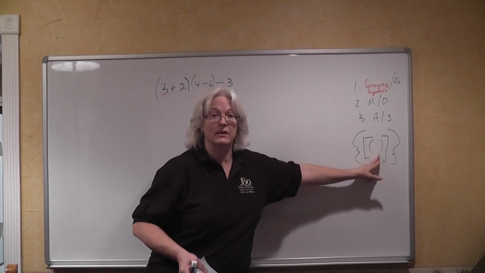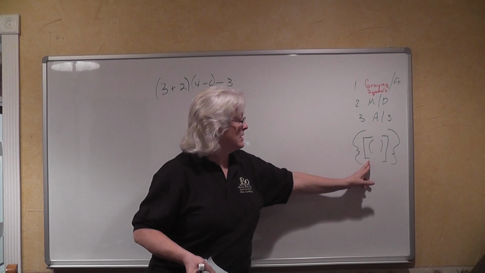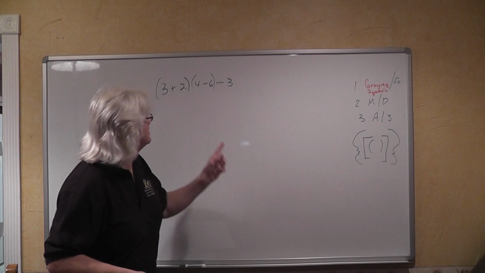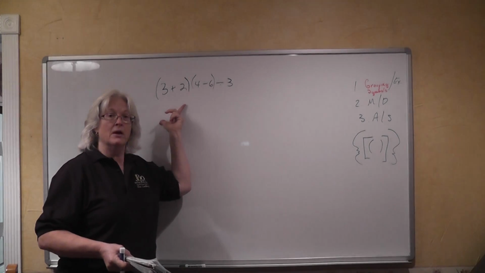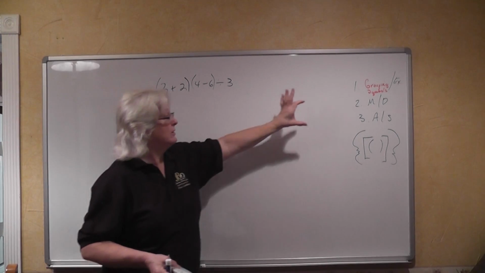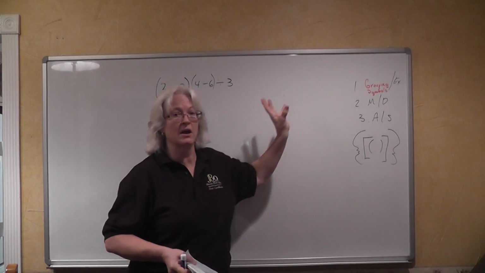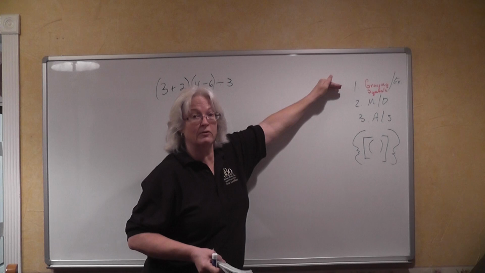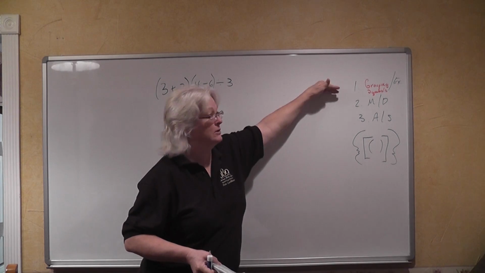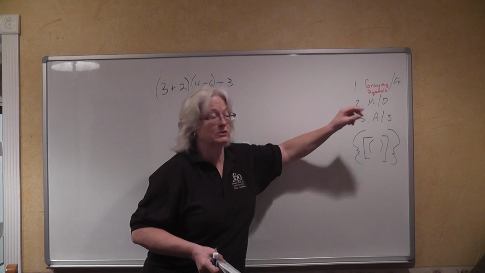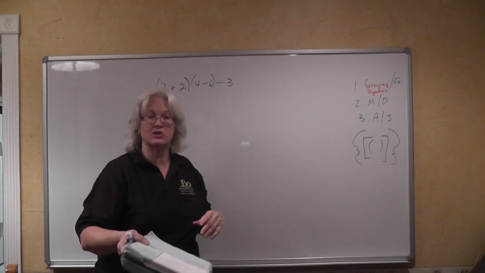You can clearly see the difference between parentheses, brackets, and braces. And what these grouping symbols do, when we use them, they override multiplication, division, addition, subtraction, exponents. They have the highest level of priority. So you listen to the grouping symbol before you do multiplication and division, or before you do addition and subtraction.